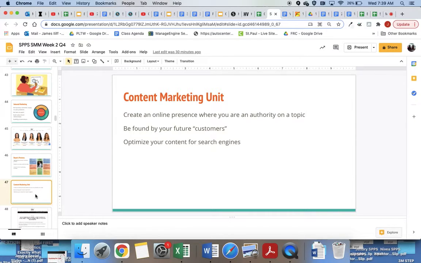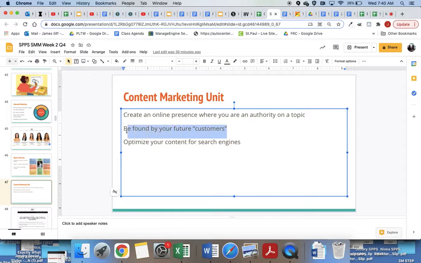And the goal of Hair Vivi is where they can create an online presence where they're seen as an authority or an expert on a topic. The second goal is, to do that, you need to be found by customers as they're searching for problems and solutions.